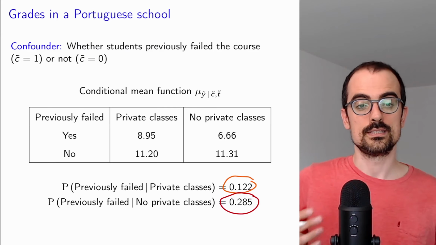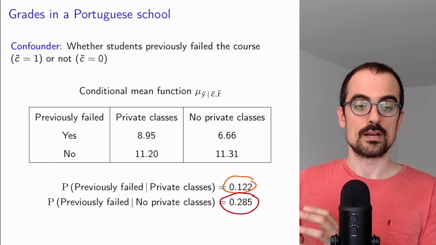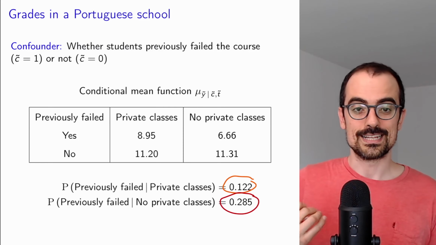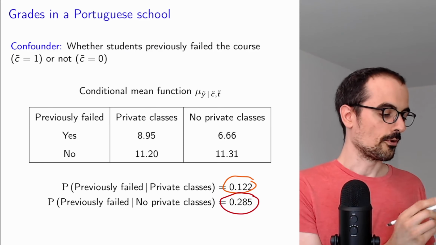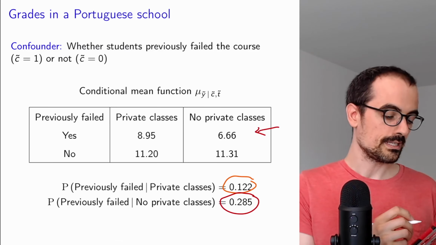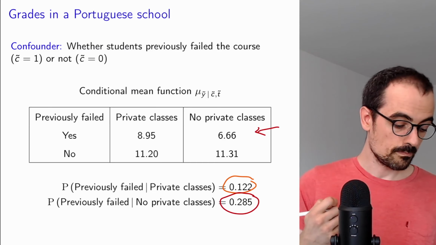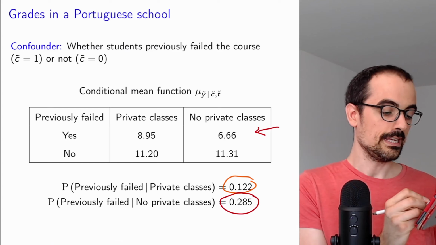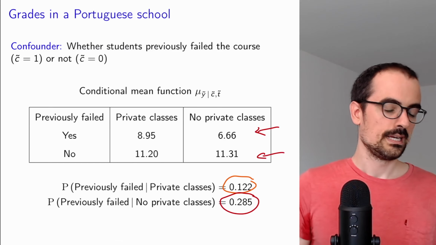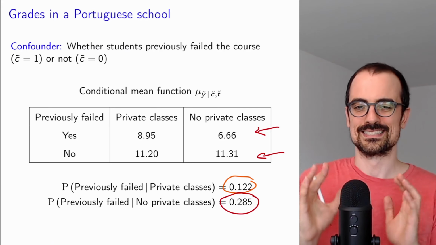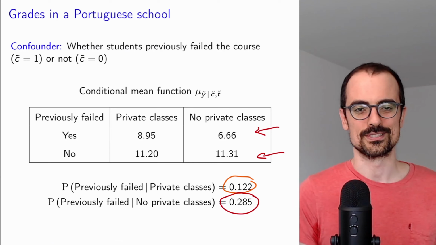So among the students that took private classes, the previously failed students are underrepresented, even though for those students, private classes seem to be effective, whereas students that did not previously fail are overrepresented in the treatment group, even though for them, the private classes seem useless. That's what I meant. Sorry that I got a little bit confused there.